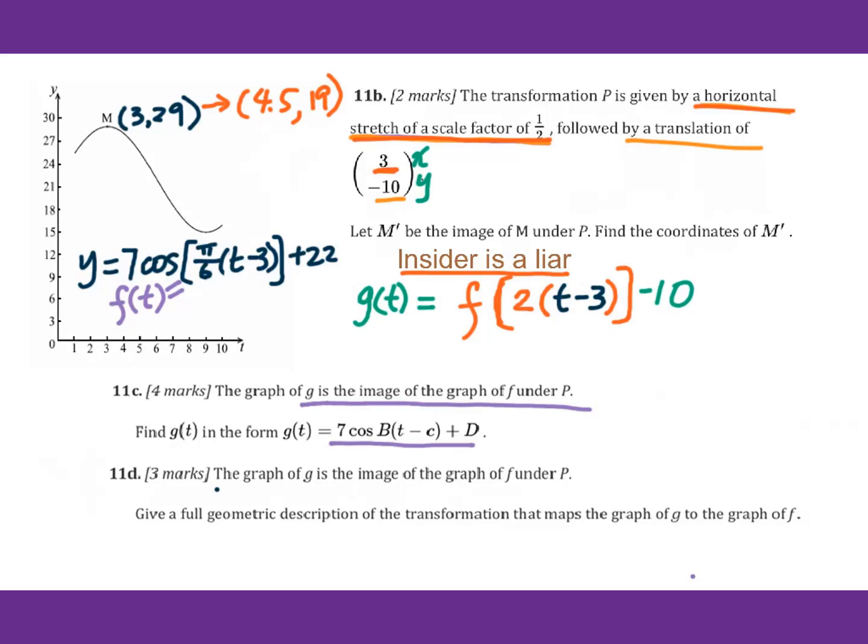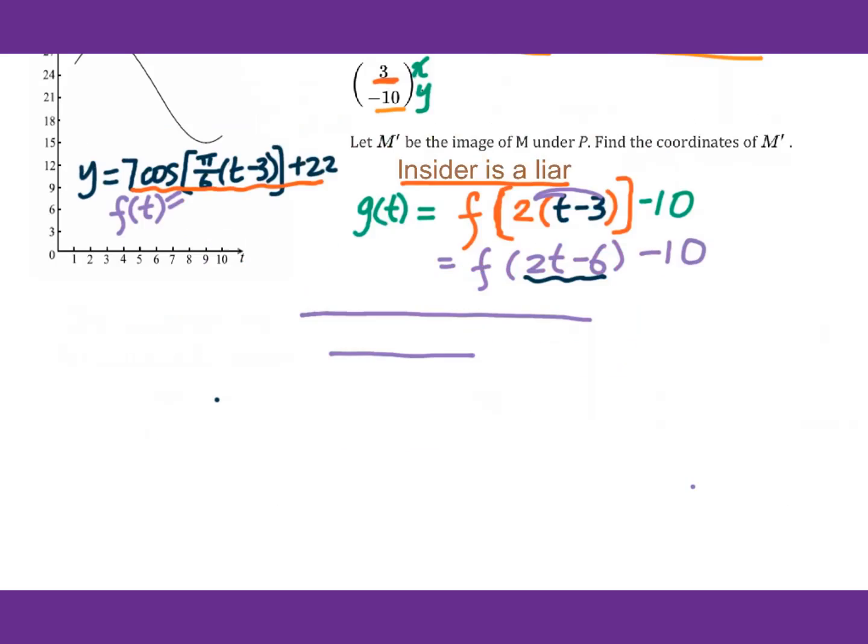So for this new function, we apply the distributive property. You will get 2t minus 6, then minus 10. You will plug in 2t minus 6 into this function. Every single t you have to turn into 2t minus 6 so that you will get g of t.